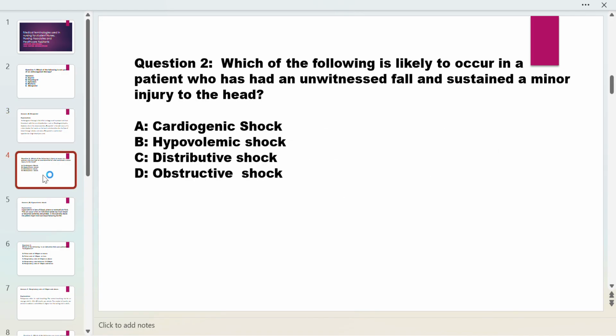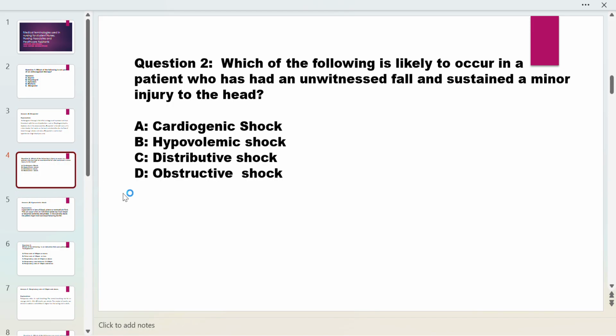So the next question is question 2. It says, which of the following is likely to occur in a patient who has had an unwitnessed fall and sustained a minor injury to the head? And we've got cardiogenic shock, hypovolemic shock, distributive shock, and obstructive shock.